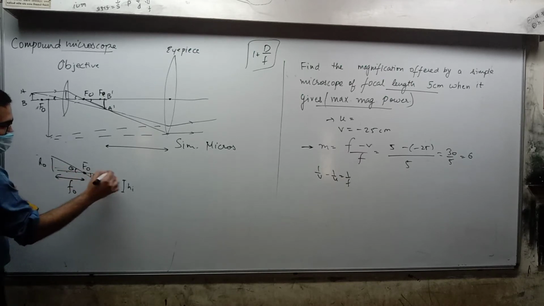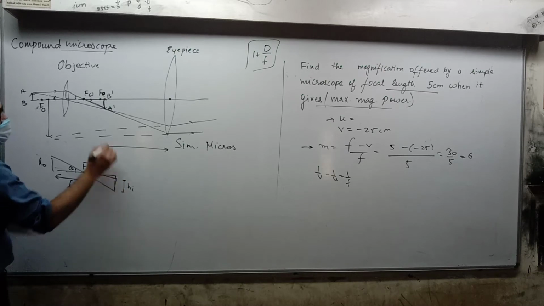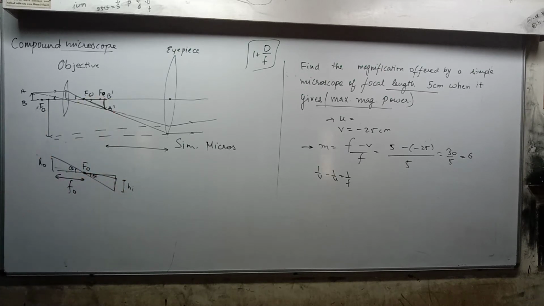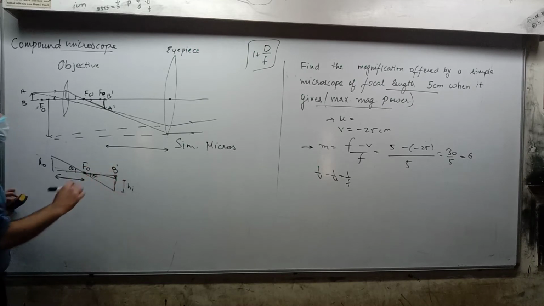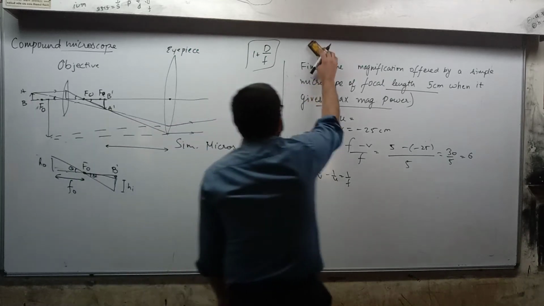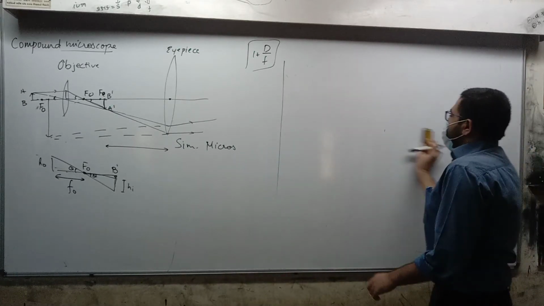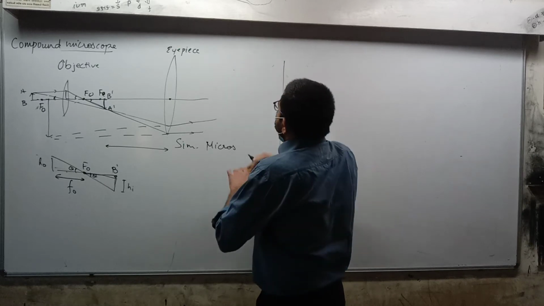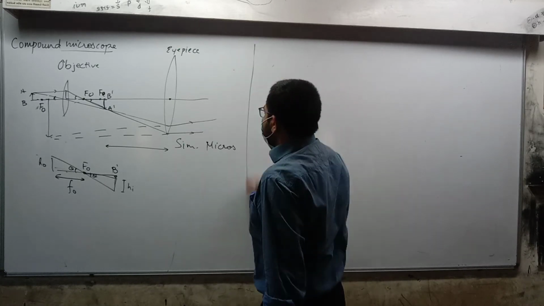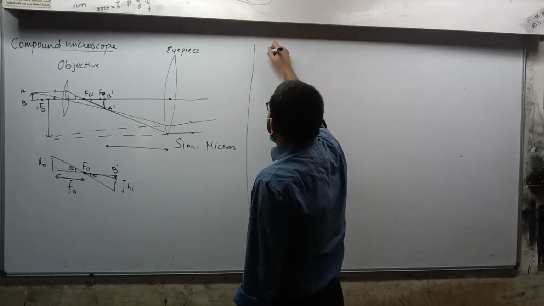What about this distance from FO to this B dash? That's where I'm going to explain how we use a compound microscope. I'm erasing this and I'll write whatever steps need to be written. So we are deriving this formula first of all.